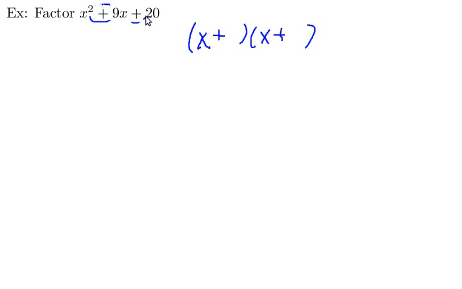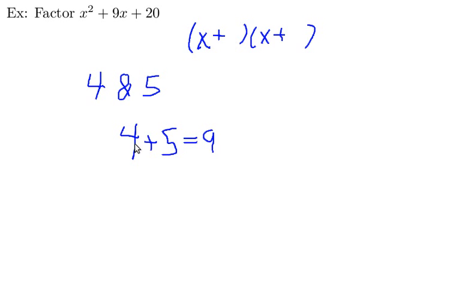Okay, so what two terms, when you multiply them together, make 20? Well, let's try 4 and 5. So 4 and 5, when you multiply them together, it's going to make 20. When you add them, it's going to make 9.